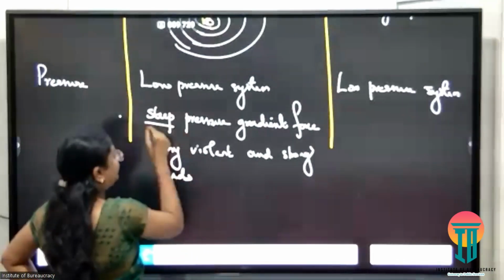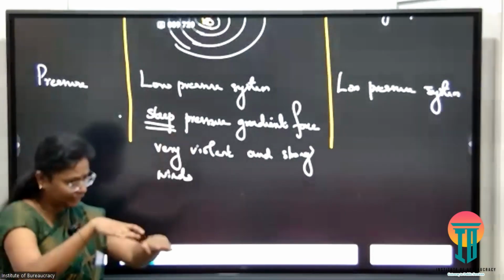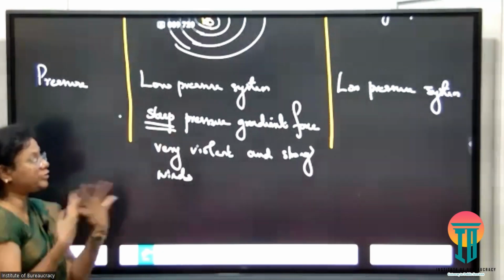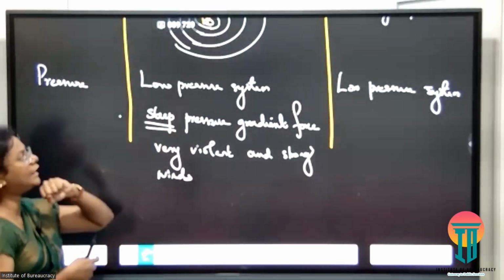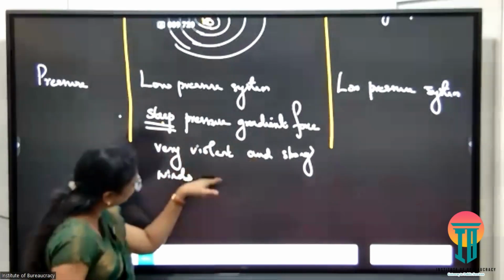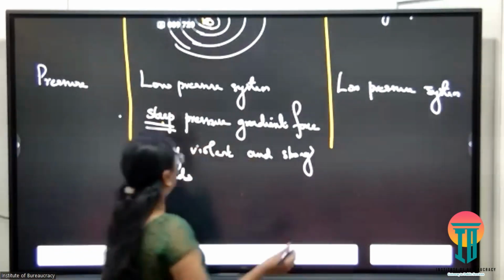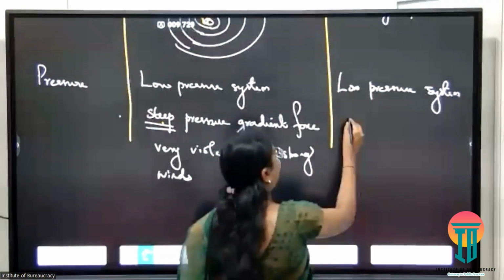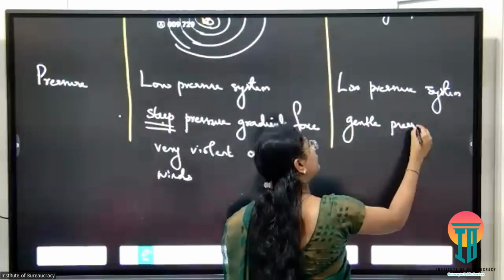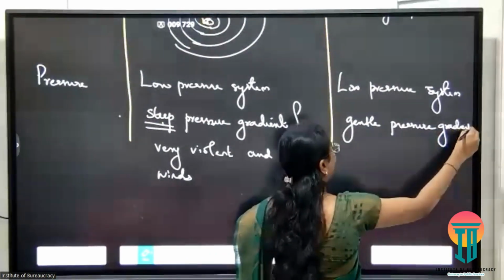Steep pressure gradient force na difference na artham. So pressure gradient பயங்கர intense ஆ இருந்தா wind velocity அதிகம். So especially tropical cyclones experience steep pressure gradient. Therefore they are very violent, stormy, strong winds. ஆனா இங்க, they are also low pressure, but they have gentle pressure gradient. Compare பண்ணும்போது comparatively gentle.